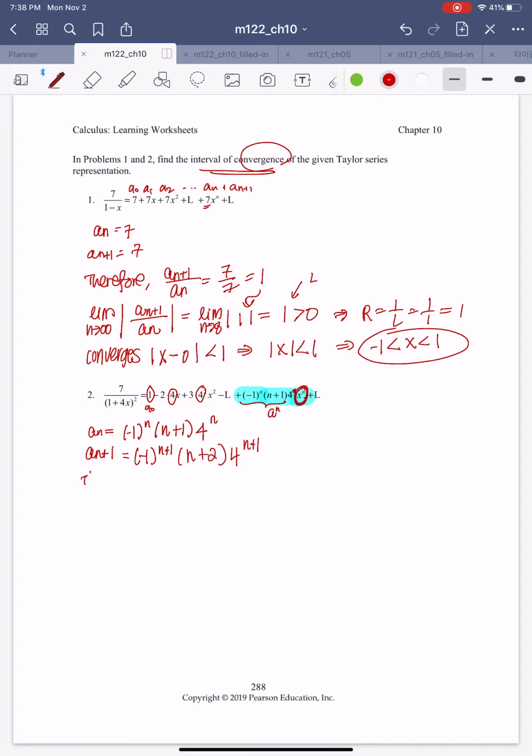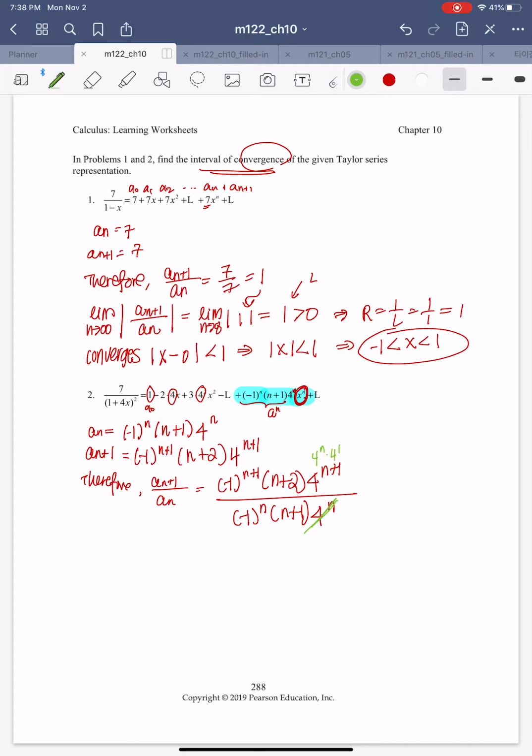Therefore, a sub n plus 1 over a sub n is negative 1 raised to the n plus 1, n plus 2, 4 raised to the n plus 1, all over negative 1 raised to the n, n plus 1, 4 raised to the nth power. By algebra, 4 to the n plus 1 is 4 to the n times 4 to the first power.